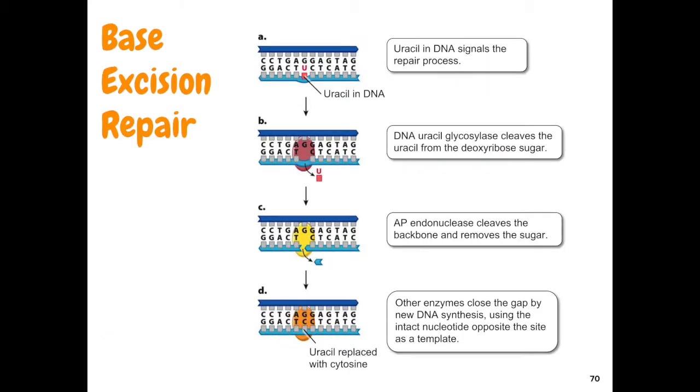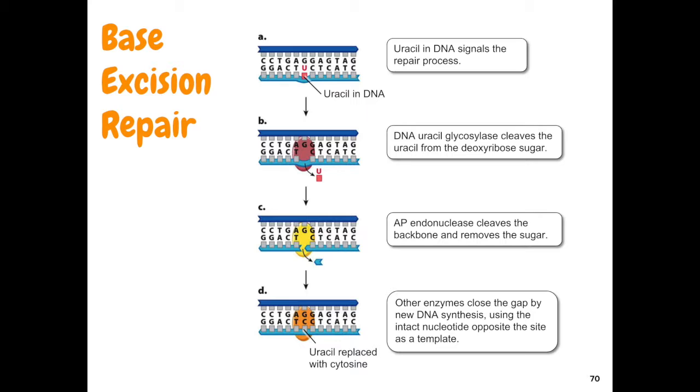The other type of repair that I would like to discuss a bit is base excision repair. Base excision repair typically occurs when a uracil is found in the DNA, and that uracil signals to those enzymes that it's not supposed to be there. The uracil is bonded in this case with a guanine, and it shouldn't bond to guanine.